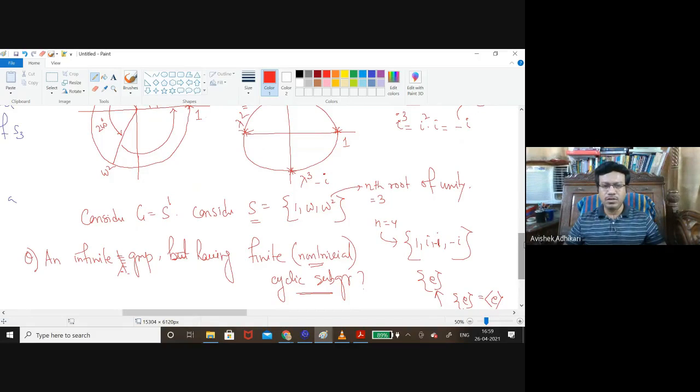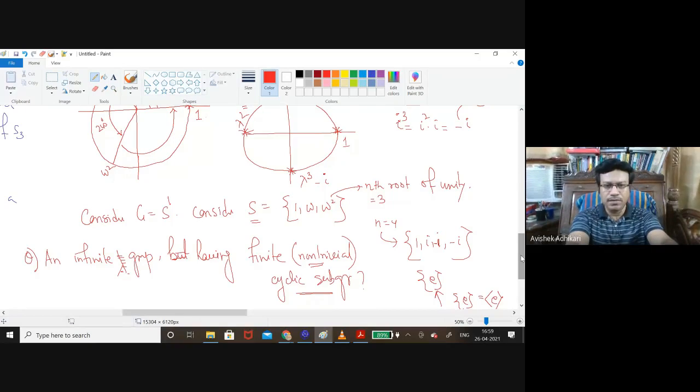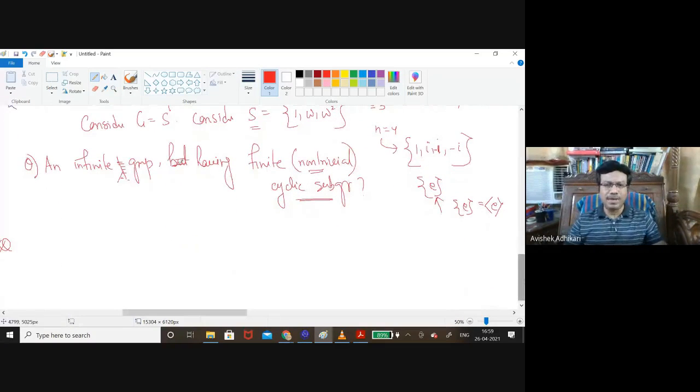So the nth roots of unity or S1, as I teach you more, you will find plenty of such questions that could be answered if you have a solid understanding of this kind of simple group. Simple is again a technical term in abstract algebra. There is a group called a simple group, which I will talk about later on. But till now, is it okay with all of you?